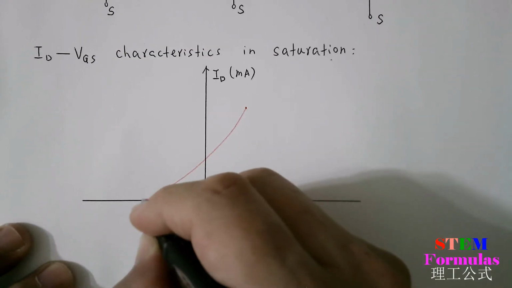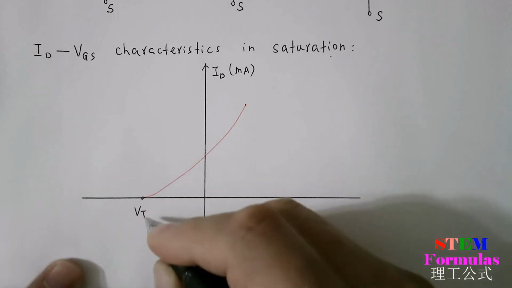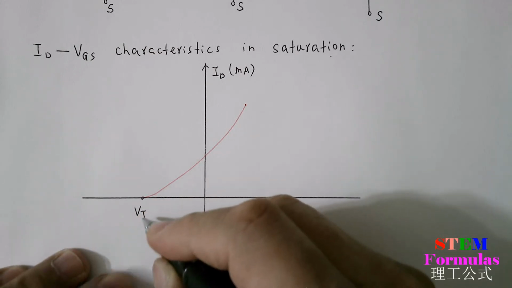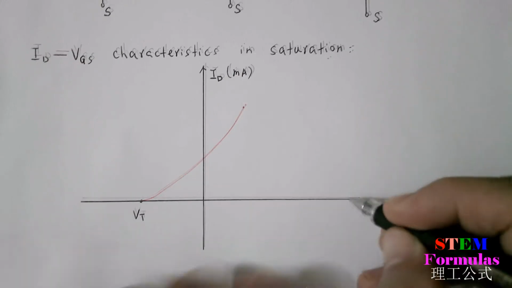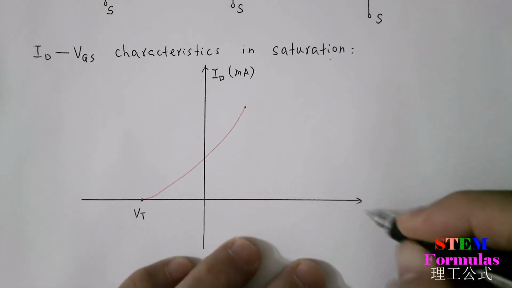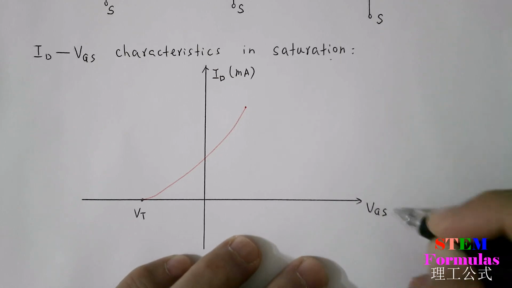So here we have VT, we call it threshold voltage. And horizontal is VGS in volts.